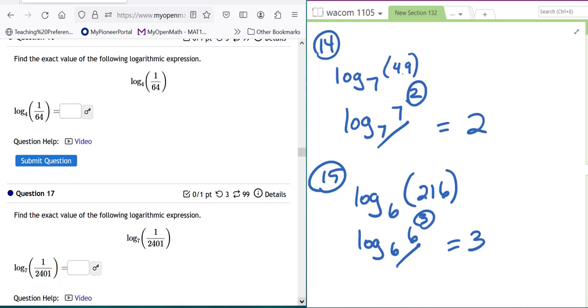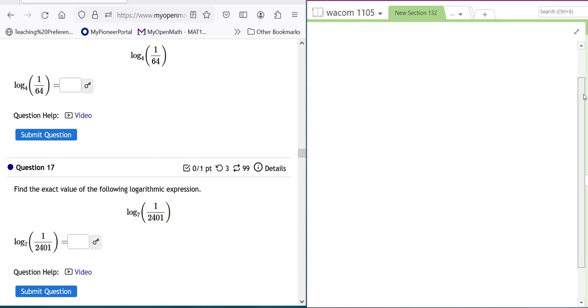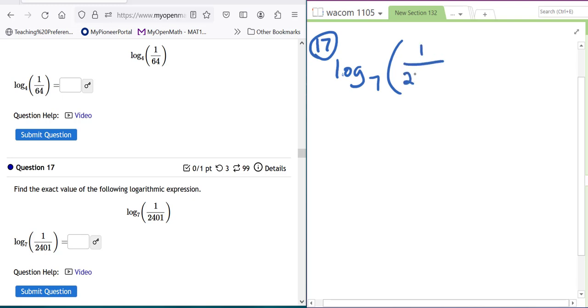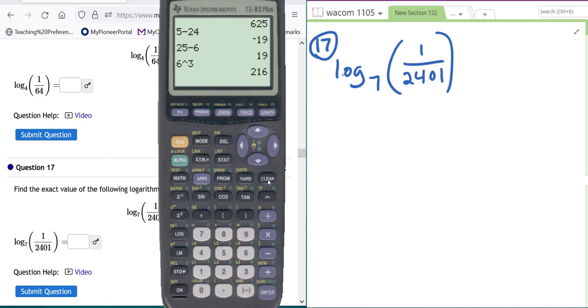Let's try this 17. That's a little harder number. So these are going to be little puzzles for you. But it's in the denominator, so it's going to be a negative exponent. So I'm going to pull a calculator here. And let's see, I'm going to try 7 to the 4th.